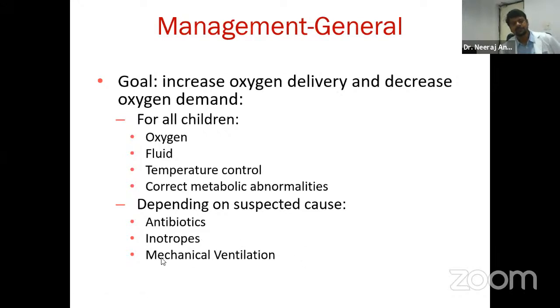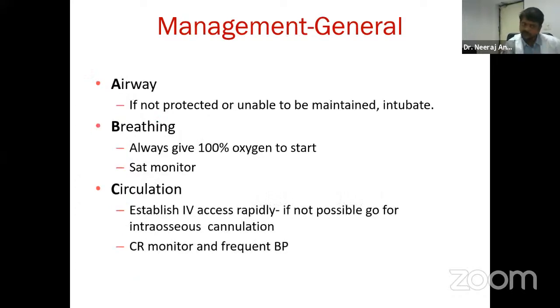Mechanical ventilation decreases work of breathing, and also it redistributes blood to vital organs. Airway: if not protected, or if the patient is having low GCS and is not able to maintain his airway, then we might have to intubate the patient and ventilate.